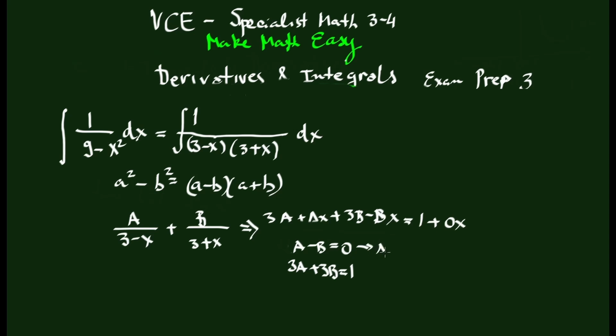From here we have that a equals b. If we substitute that in the second one, we'll have 3b and 3b, 6b equals 1, so b equals 1/6, and a is 1/6 from the first one.